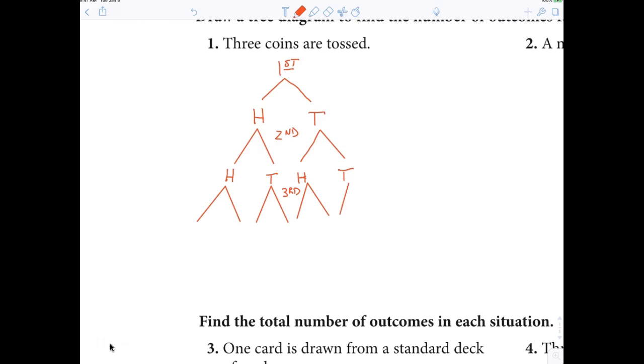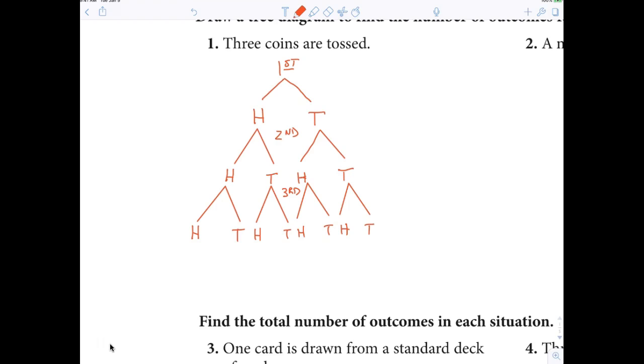This is what's referred to as a tree diagram. So now, when you flip it, you can get a what? Heads or tails. So, heads, tails. Heads, tails. Heads, tails, heads, tails. I think that's pretty simple.